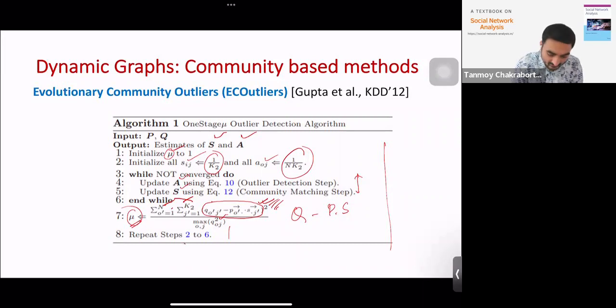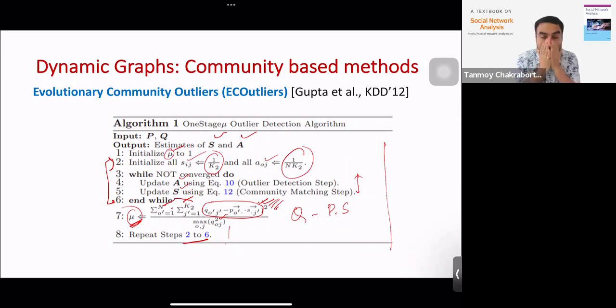Okay, you repeat the same steps 2 to 6 again, because now your mu has changed. Once your mu has changed, the other things will also change, right? You stop when you see that the value of mu remains almost the same across timestamps. Okay, this is the idea.